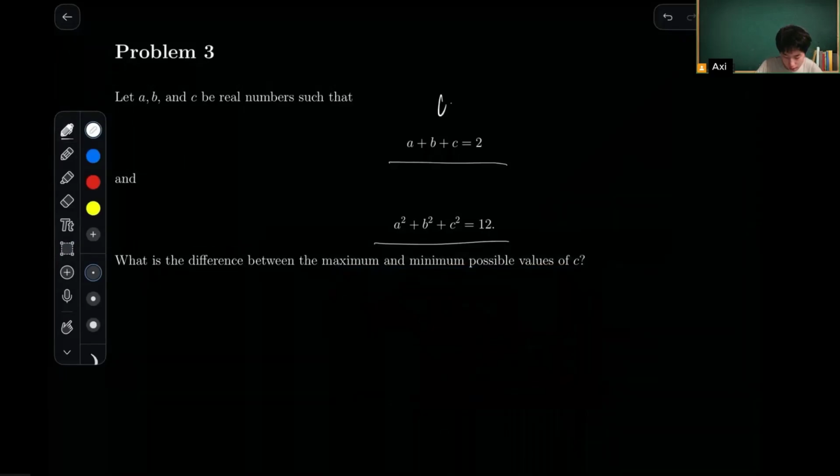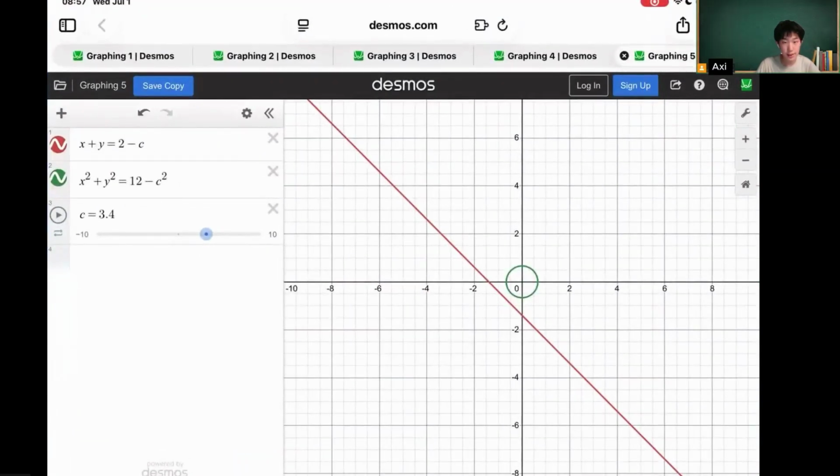We know C is equal to 2 minus A plus B, and meantime we also know C squared is equal to 12 minus A squared plus B squared, right? And now what we do is that we treat C as a constant, treat A as the variable x, and B as the output of the function f of x, or y, in case you're plotting it in the coordinate plane. Similarly for this as well, so we can draw this out, which looks like this.